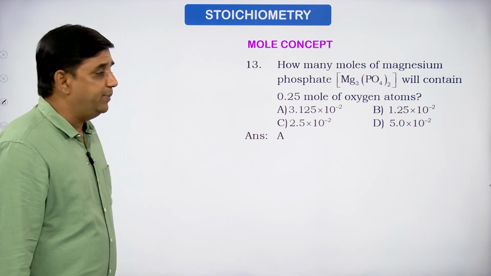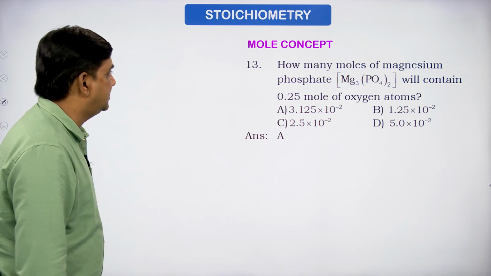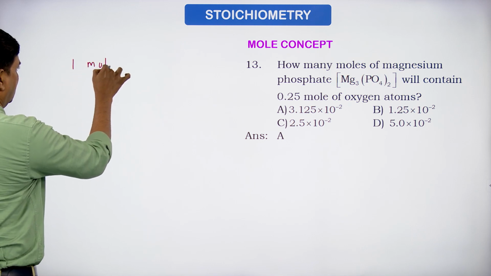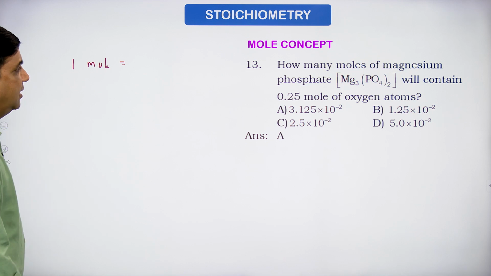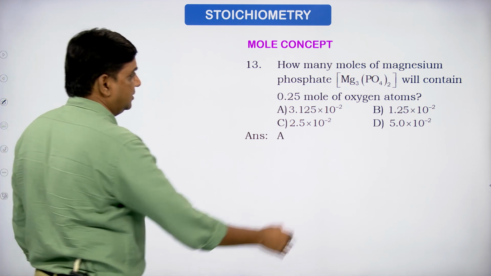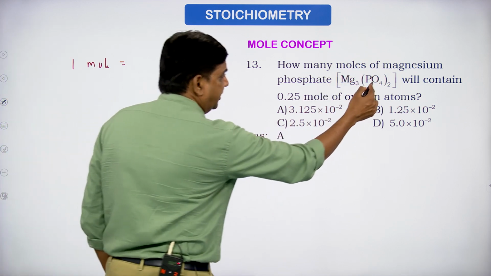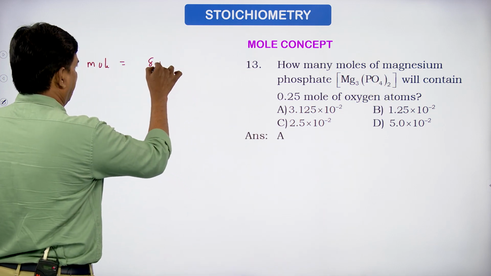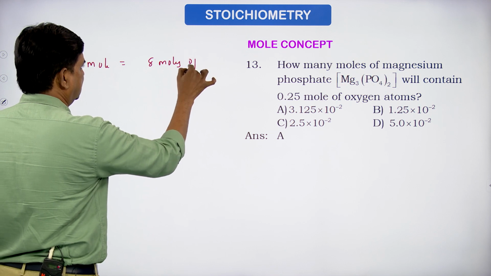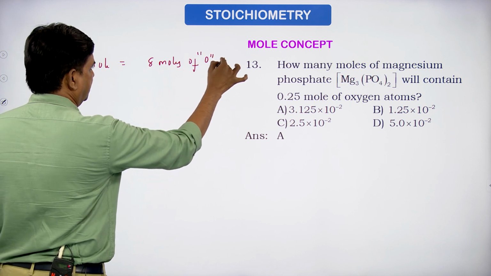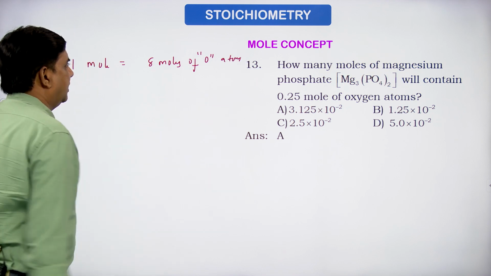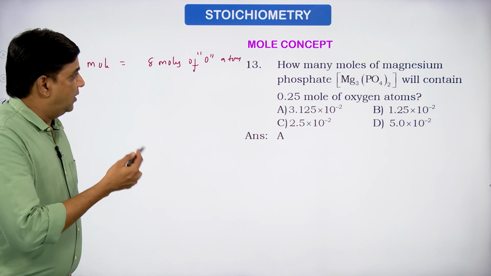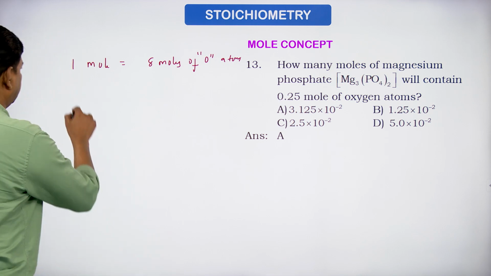How many moles of magnesium phosphate will contain the given oxygen? See, 1 mole of magnesium phosphate contains how many oxygen atoms? 8 moles of oxygen atoms. See, 4 into 2, 8 moles of oxygen atoms.